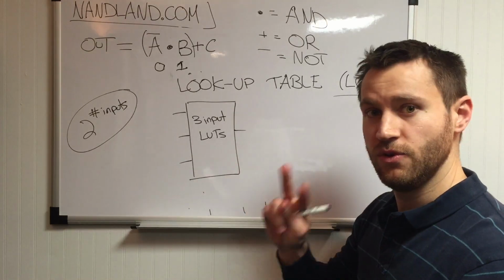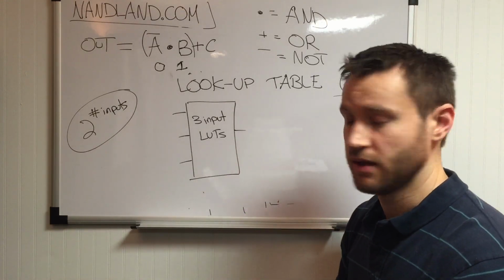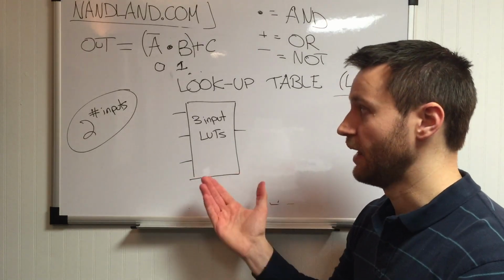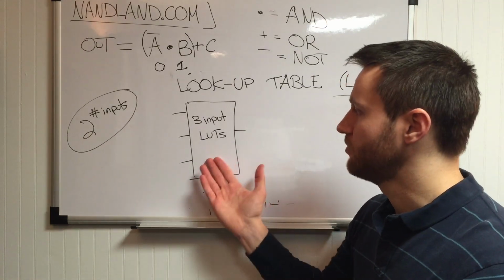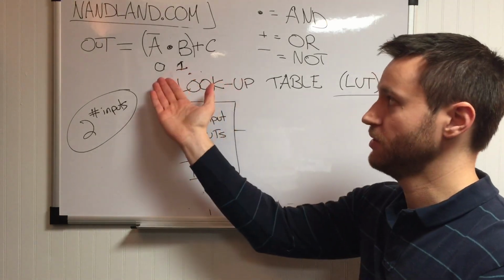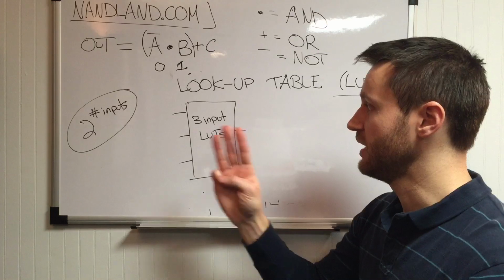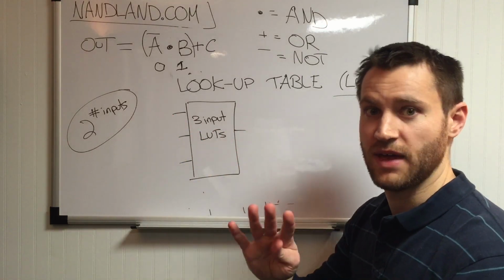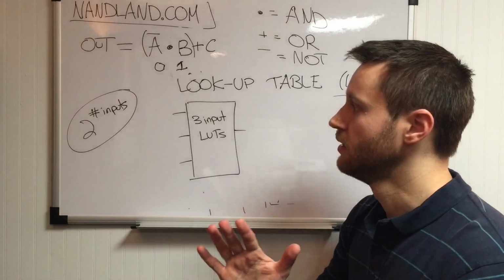They are one of the 2 fundamental components inside of an FPGA. So very important to understand what is a lookup table. What is a LUT? I'm going to say it again. A lookup table can implement any Boolean algebra equation with 3 inputs, a 3 input LUT. There can be a 4 input LUT and sometimes even a 5 input LUT.